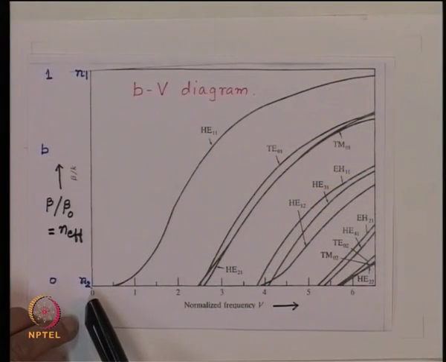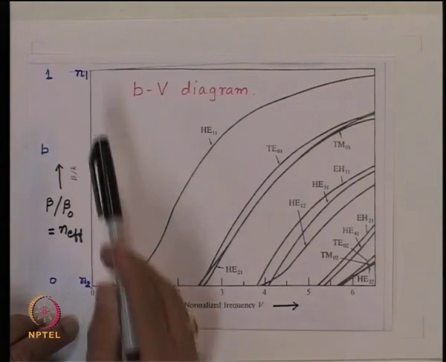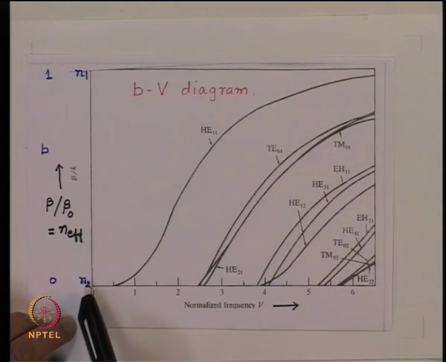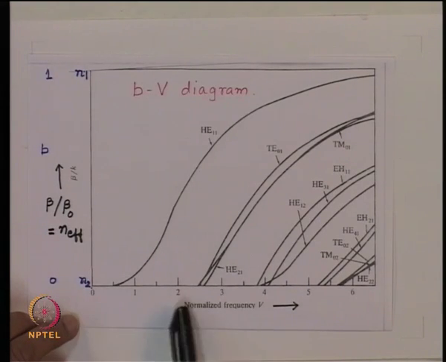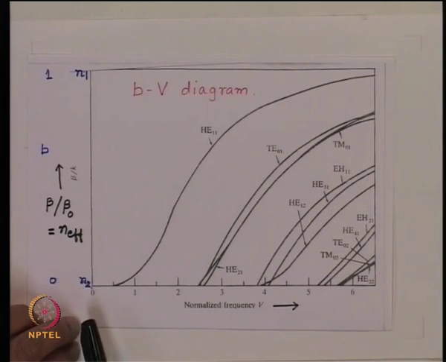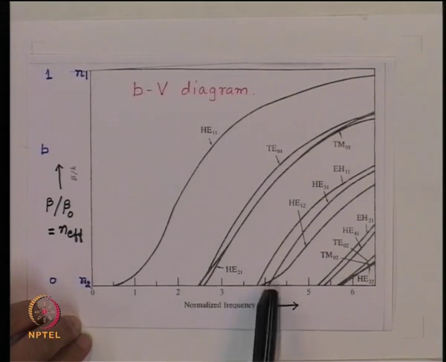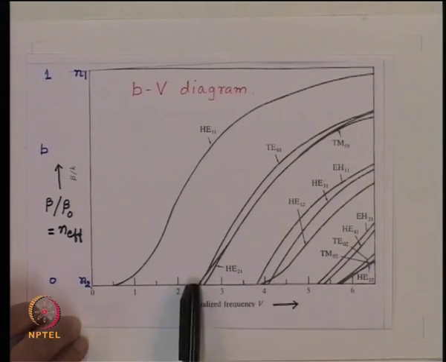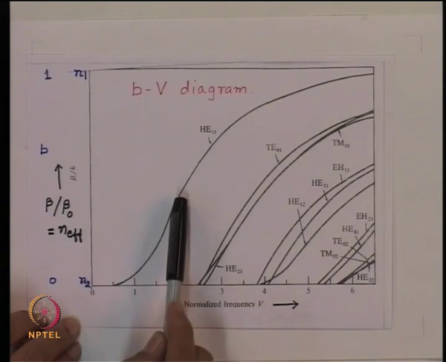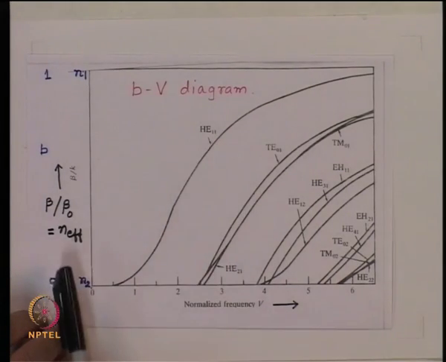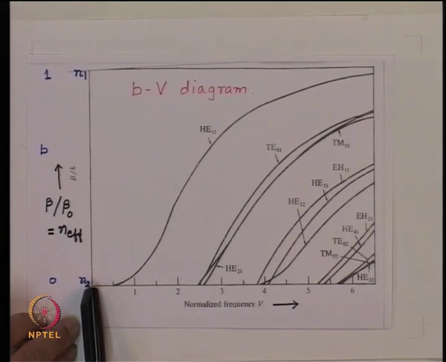And then we found that as the V number increases, the propagation constant monotonically increases from beta 2 to beta 1, or the modal index increases from N2 to N1. Also, as the V number increases, more and more modes start propagating. All the modes have a cutoff, that means below certain V numbers, certain modes do not propagate, except the HE11 mode, which propagates down to V equal to 0.